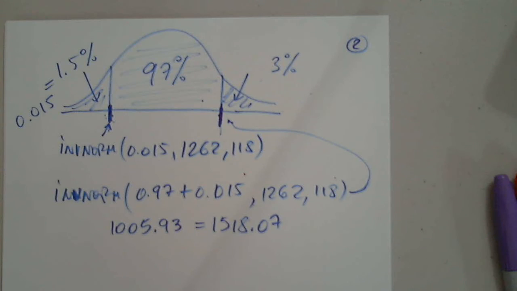So we want the inv norm for Q3, which is 0.75 with all that, minus, same thing, inv norm with 0.25. Area to the left always.